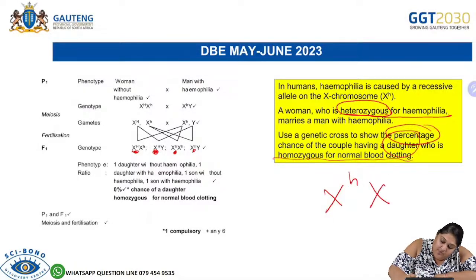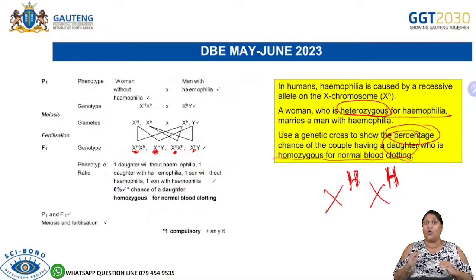So if they're going to be homozygous for normal blood clotting, then they must have two dominant alleles. And do you see anybody here that has two dominant alleles? No. Therefore, there's a 0% chance of a daughter being homozygous for normal blood clotting.